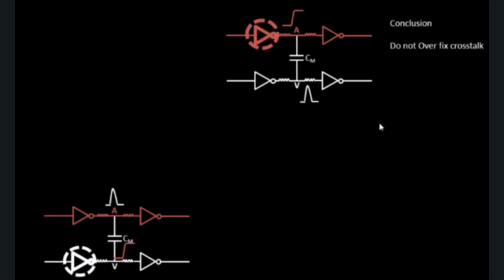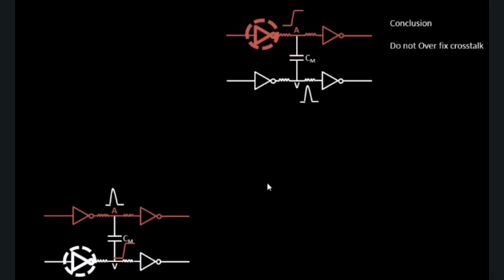When I say do not overfix crosstalk, I mean do not increase the drive strength of victims so high that it itself becomes the aggressor, and all the nearby nets become the victims. Let me rephrase this again: do not increase the victim drive strength so much that its nearby net becomes the victim and the victim net becomes the aggressor. This is a very important conclusion while fixing crosstalk.